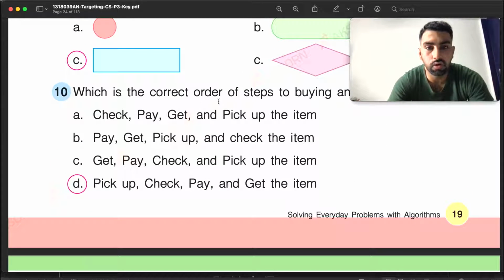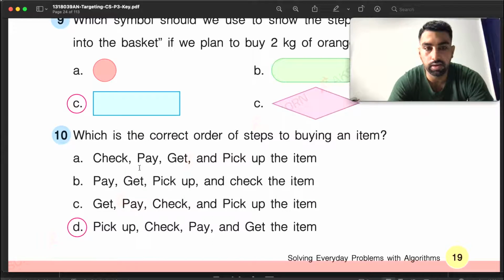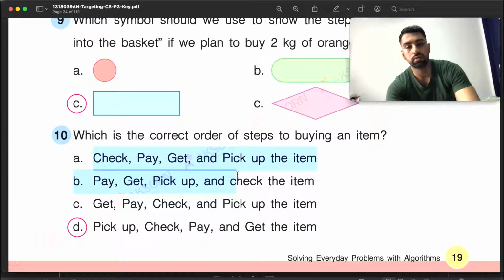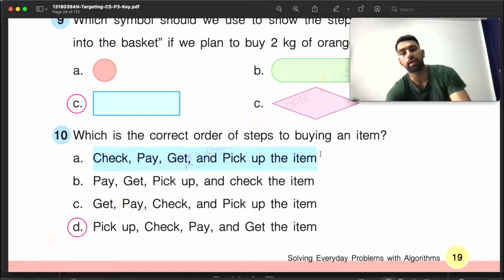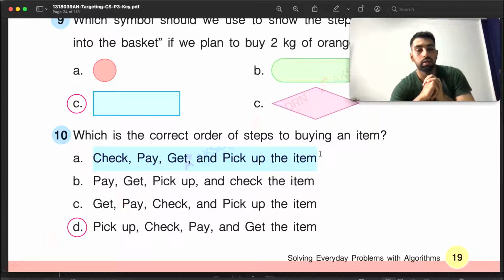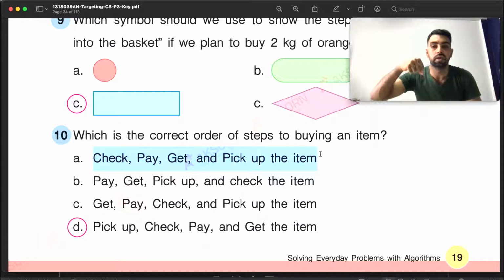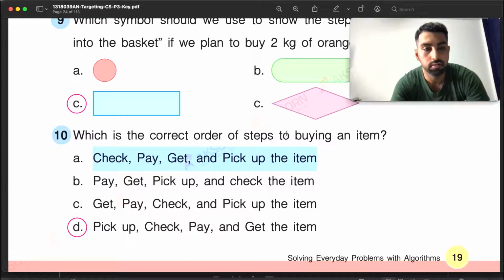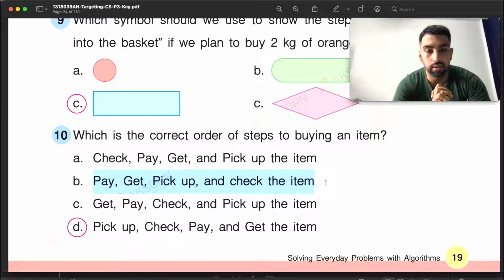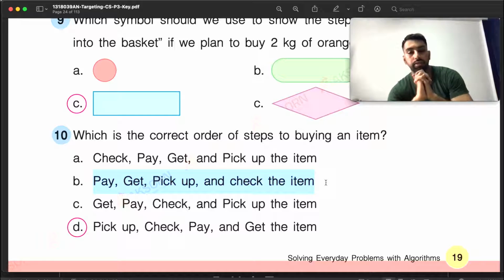Which is the correct order of steps for buying an item? A is check, pay money, get, pick up the item. B, pay, get, pick up and check the item.